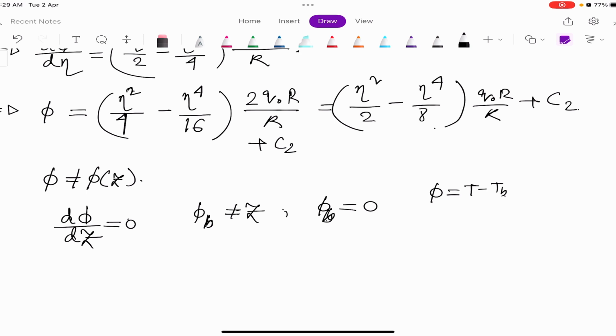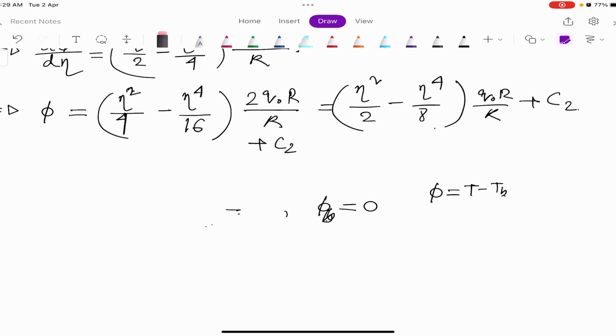This we have shown. So here now φ_b is equal to 0. Apply this here to find the constant C2.